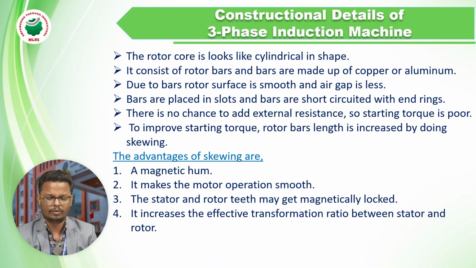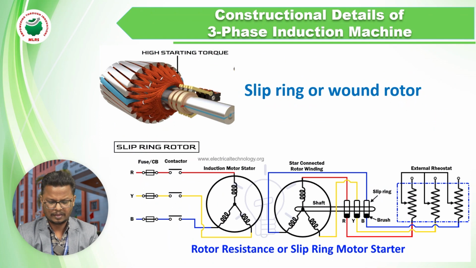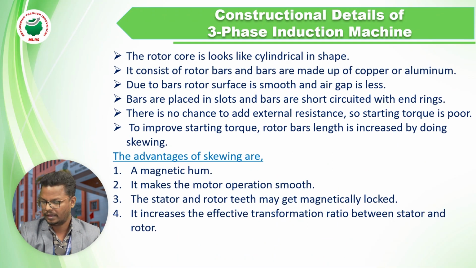Next, we are going to some important points regarding the squirrel cage induction motor. Whatever changes occur on the stator, the same changes will be done in the rotor automatically.